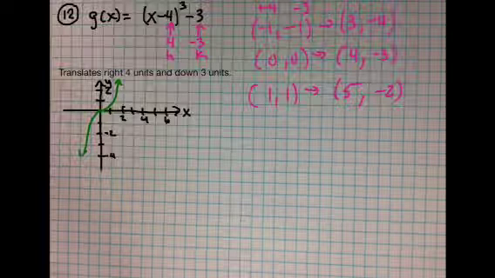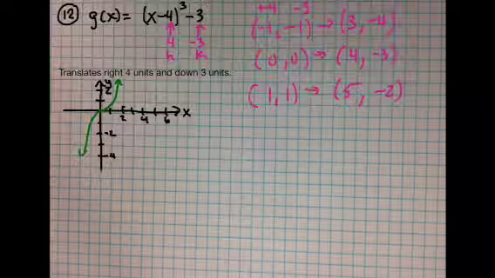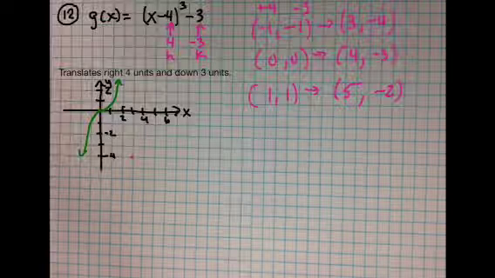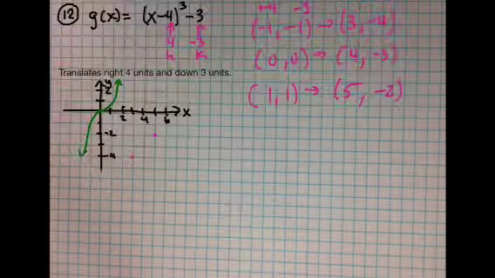Okay, so now we're going to plot them. And so 3, negative 4 is here, approximately. 4, negative 3 here, and 5, negative 2. Now I know it looks like you would draw a straight line through the 3 points, but you don't.